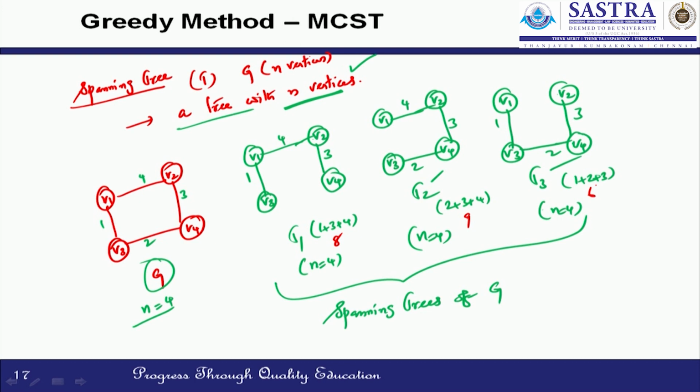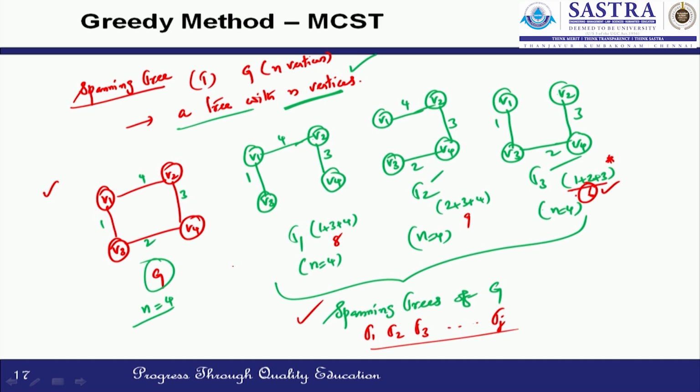So for the given graph we can find several spanning trees T1, T2, T3, etc. Out of all spanning trees, we need to find the one whose total cost results in a minimum quantity. For example, in this case, given graph G, we have 1 plus 2 plus 3, that is 6, the total cost is 6. This is a minimum quantity compared to the other spanning trees.